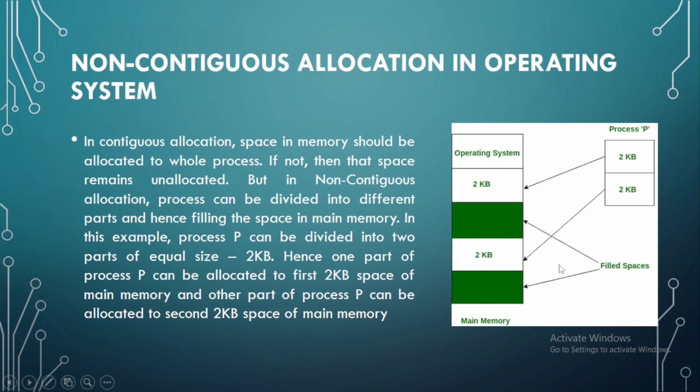So these are the filled spaces. As you can see, this process space is divided into pages, and the main memory, which is physical memory, is divided into frames. So we can allocate the process memory needed in a non-contiguous way.